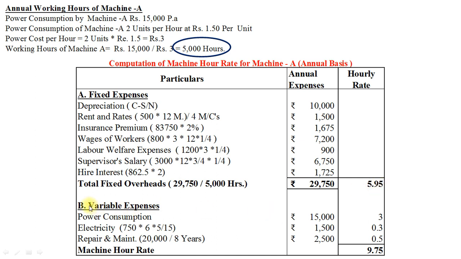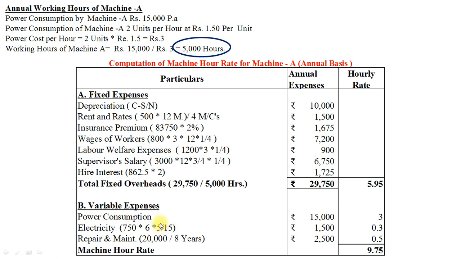Now we will add variable charges or running charges. First is power consumption readily available for machine A for annual, that is rupees 15,000. Electricity rupees 750 multiply by 6 multiply by 5 upon 15. So 5 upon 15 represents light points.